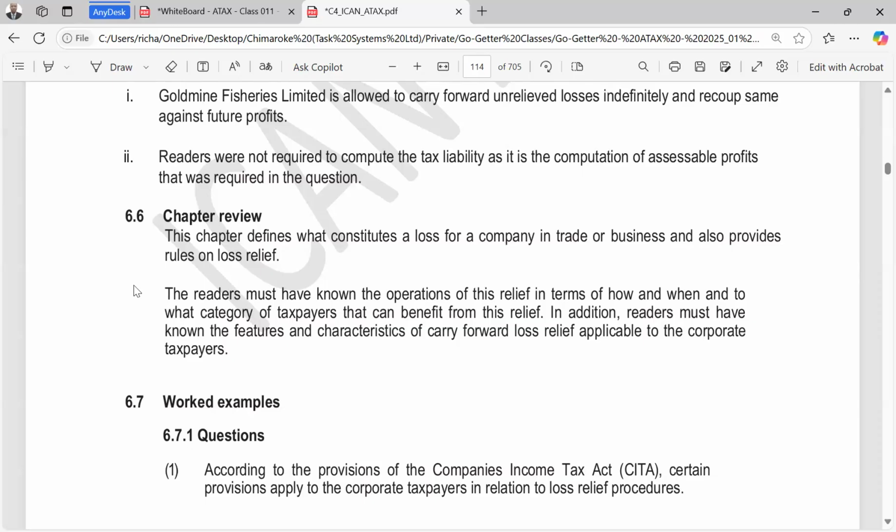How? They will claim it in writing, and they can relieve it from other sources of business that had profit in that same year of assessment. Any unrelieved losses will become a carry forward loss. Now, carry forward losses are enjoyed by both businesses, companies, and individuals.